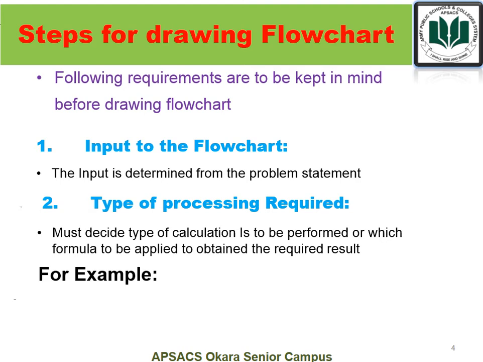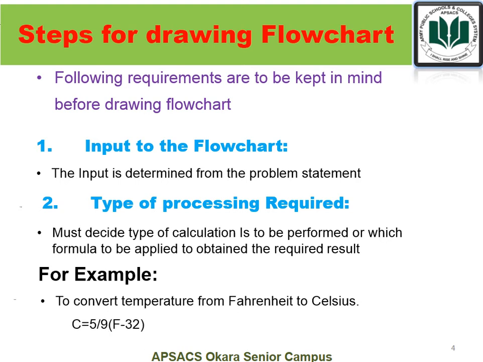For example, I have given an example here to convert temperature from Fahrenheit to Celsius. If you want to convert temperature from Fahrenheit to Celsius, you should know the conversion formula. So what is the formula? C = 5/9 (F - 32). This is the formula for the calculation of temperature from Fahrenheit to Celsius.